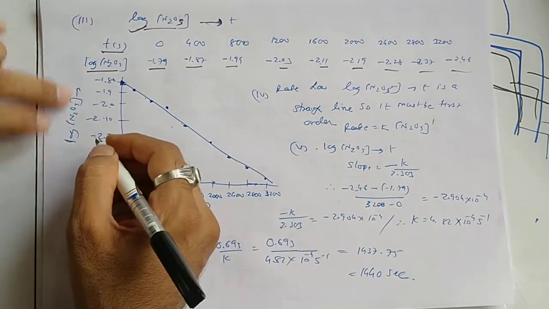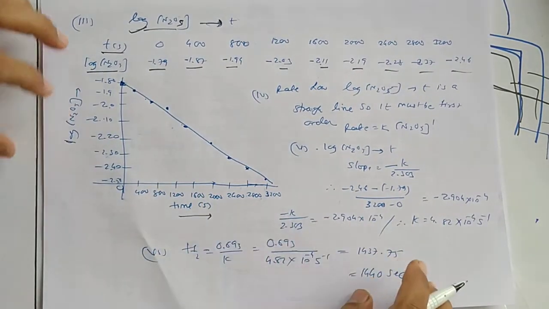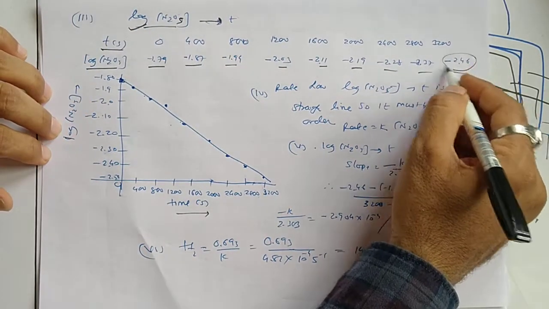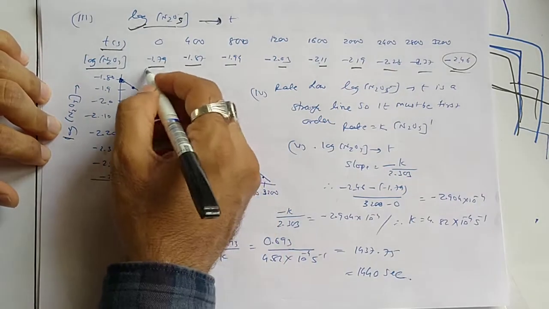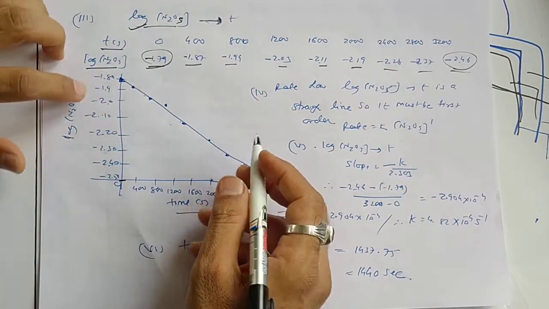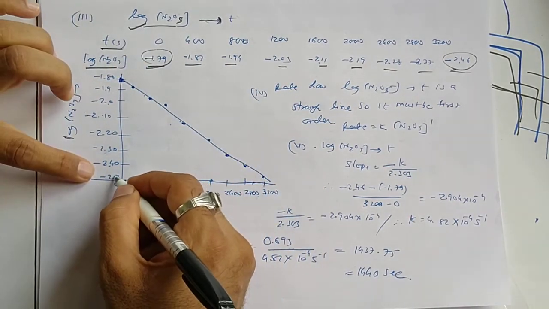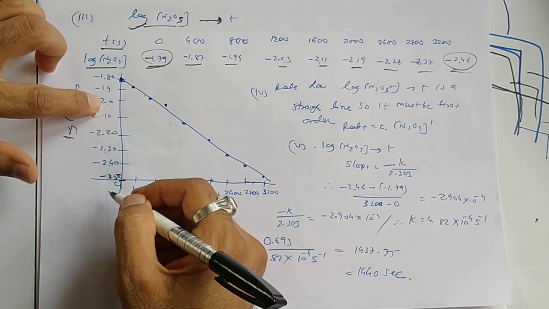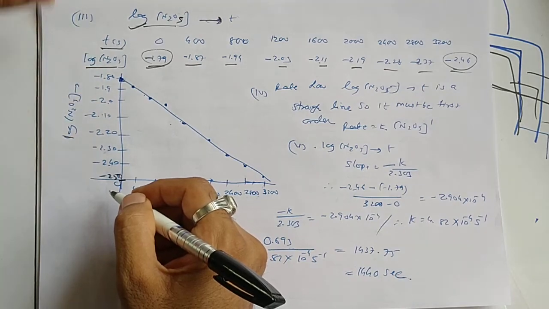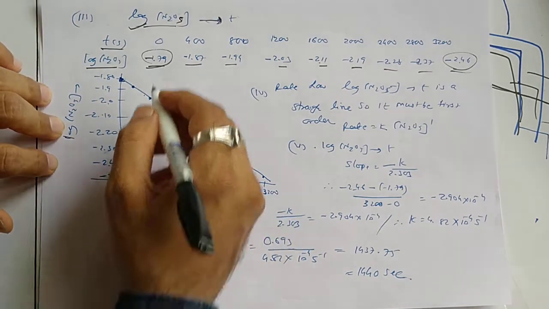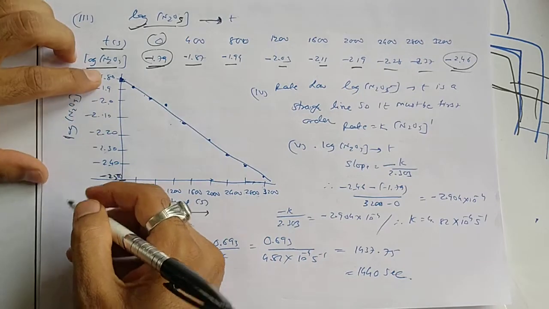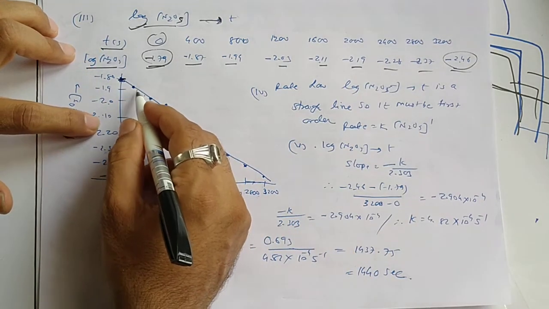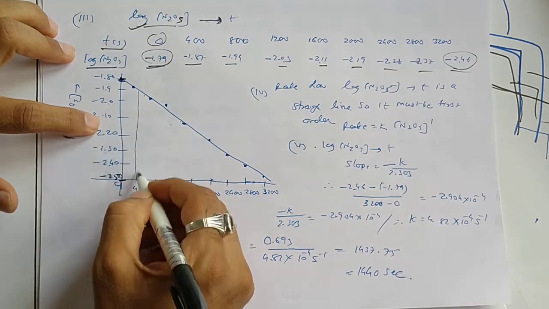Log N2O5 on the y-axis, time on the x-axis. So minus 2.46 is the smaller one and minus 1.78 is the bigger one. So at 0 seconds minus 1.79. At 400, minus 1.87. You can see.